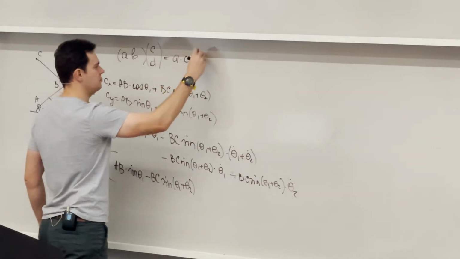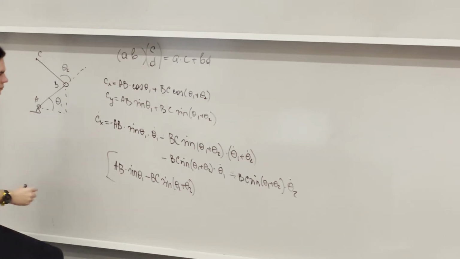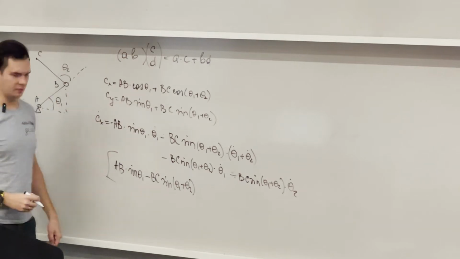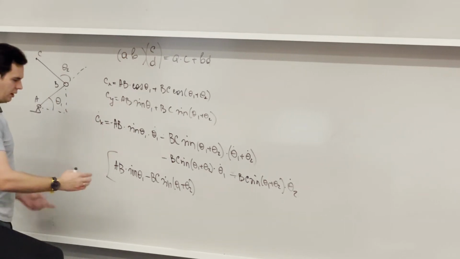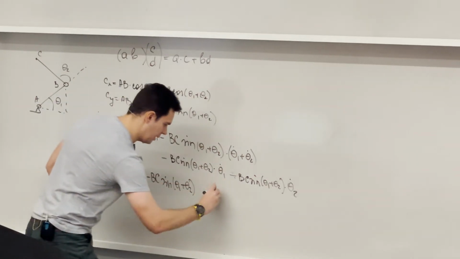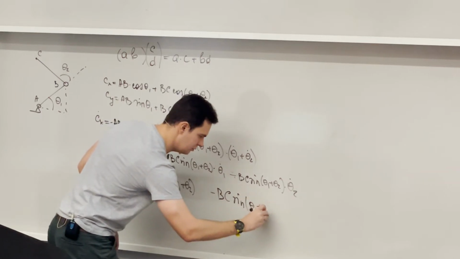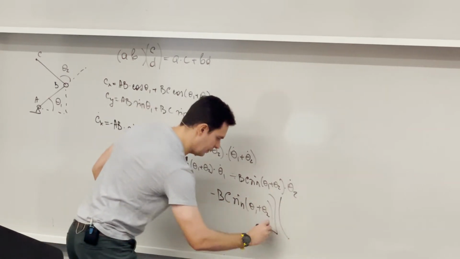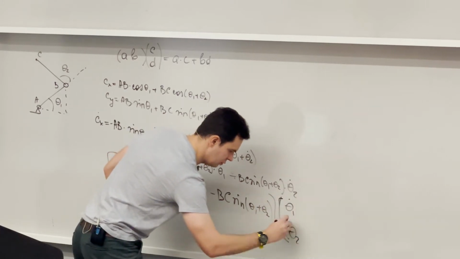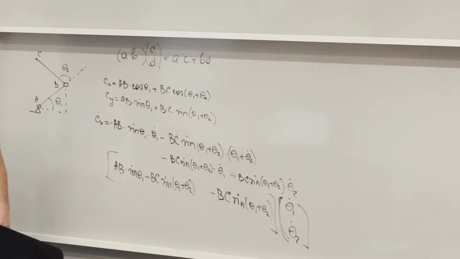AC plus BD. Okay? It's called linear combination. So it will be like A, like B, it will be minus BC sine θ1 plus θ2, multiplied with the q dot 1. Okay, do you follow now?